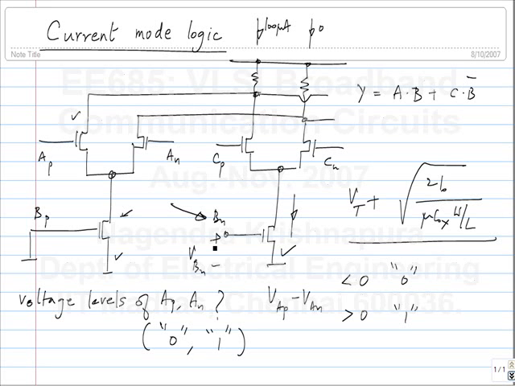Also, as you change this current, the common mode value of the output also changes. What is the common mode of the output? VDD minus something; it is the average value between these two.